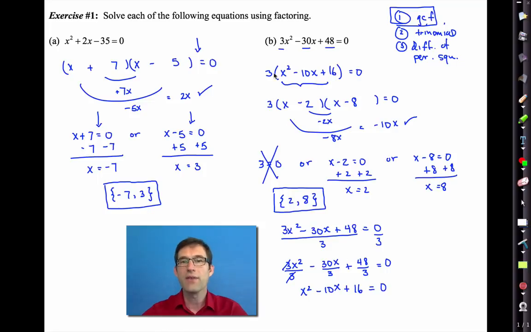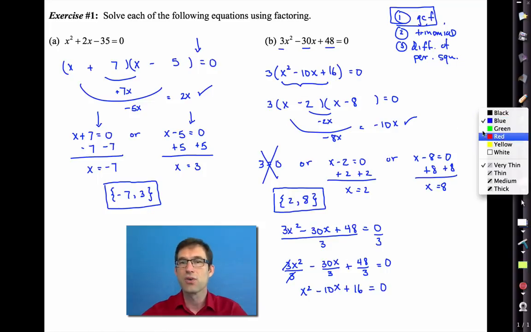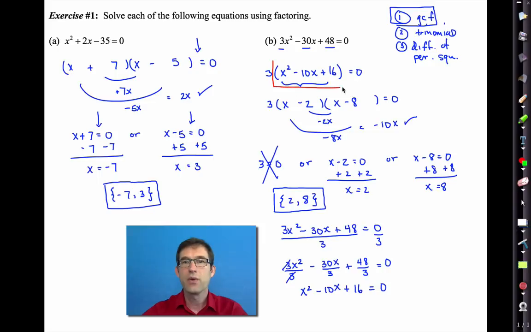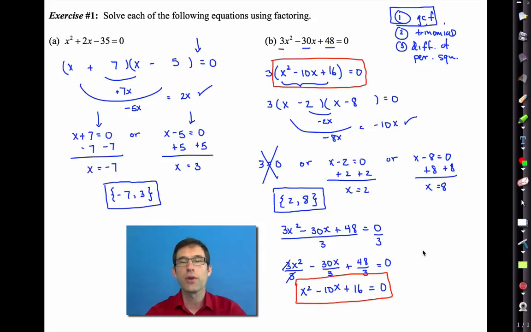Now notice what we have at that point, let me go back and circle it in red, is we really have this, right? Now that works nicely if you have a GCF that's purely numerical. If we had a GCF like 3x or 5x or something like that, you would not want to divide both sides by 3x or by 5x.